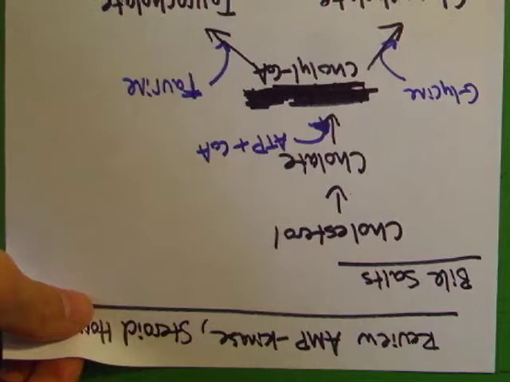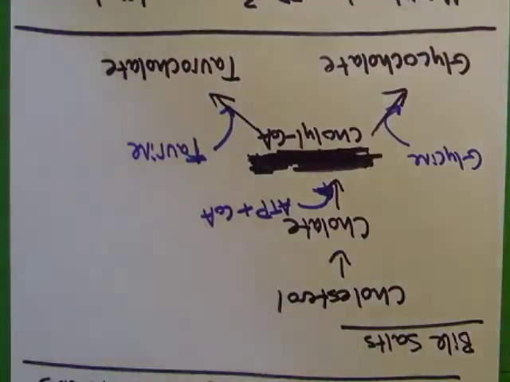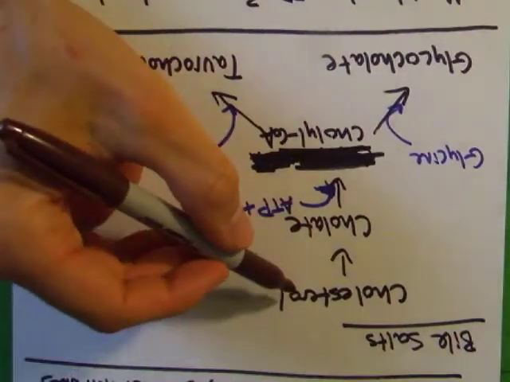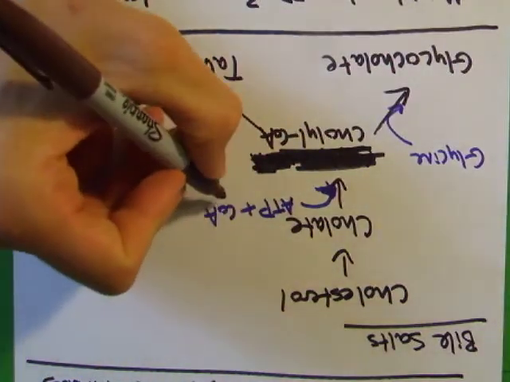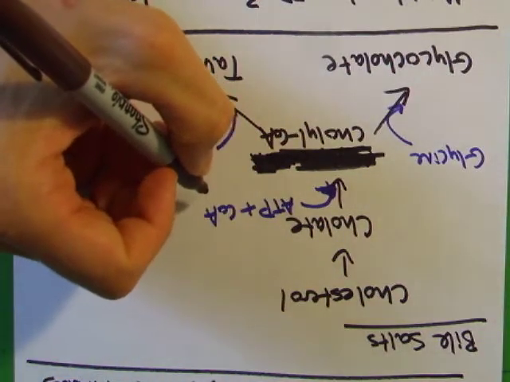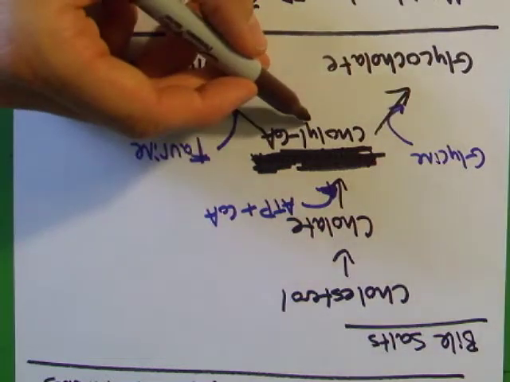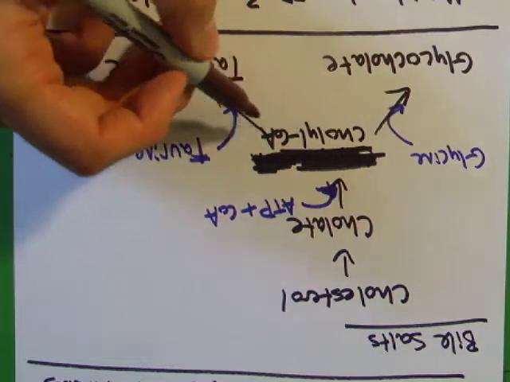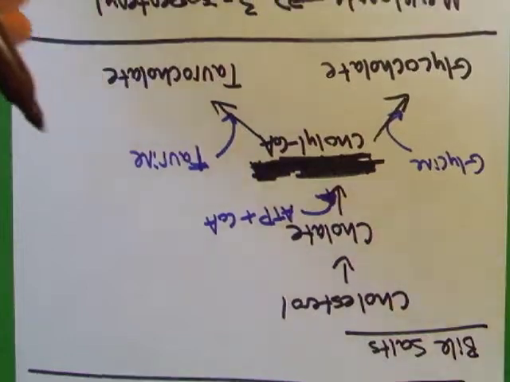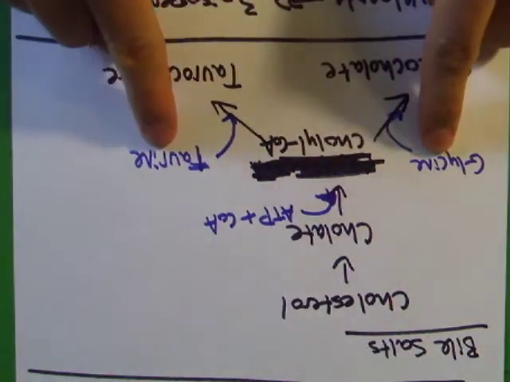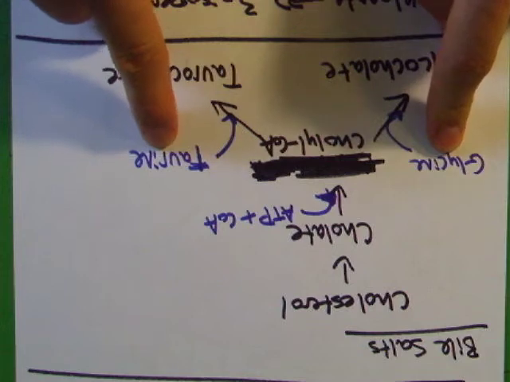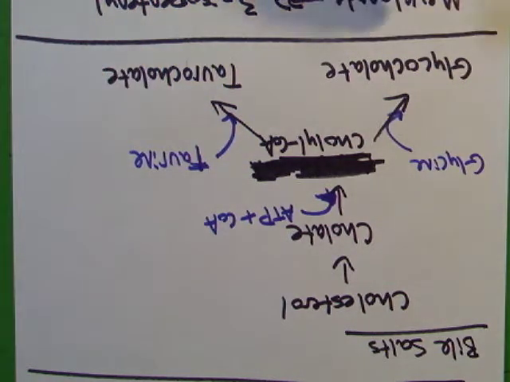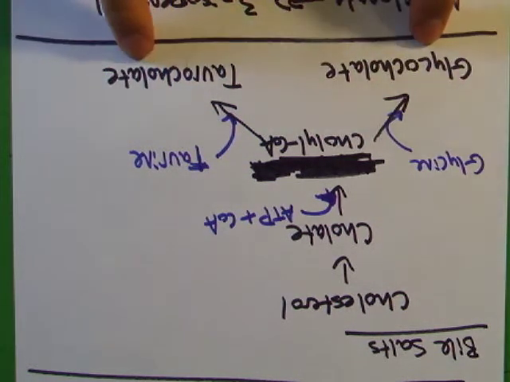Other functions of cholesterol: you use that to make bile salts. So you turn cholesterol into cholate. You're going to add ATP and a CoA to get cholyl-CoA. And from cholyl-CoA, you can either add a glycine or a taurine, so a regular amino acid or some sort of specialized amino acid, and they're going to give you glycocholate or taurocholate.